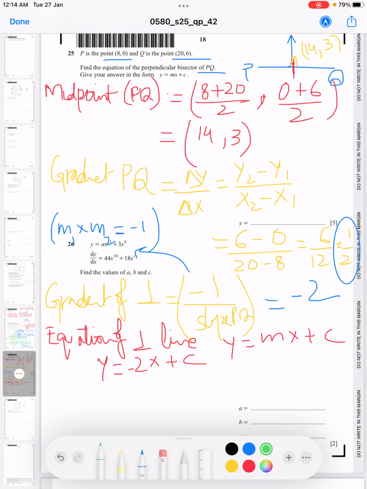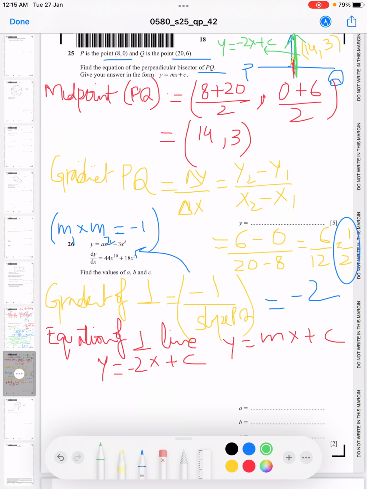This is the equation of this perpendicular line, this one, right? You can see it is cutting at the bisector point, so the midpoint will lie on the perpendicular line, right?